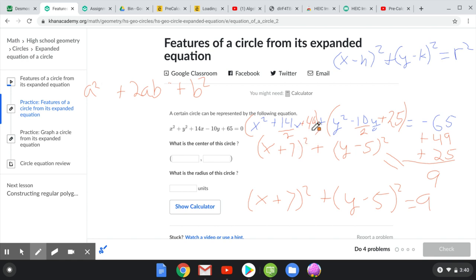And just don't forget to square them, okay? In fact, if you don't square them, a lot of times, and this is what would have happened here, you would end up with a negative number on this side, which cannot happen. You can't have a negative radius, okay? It doesn't compute.